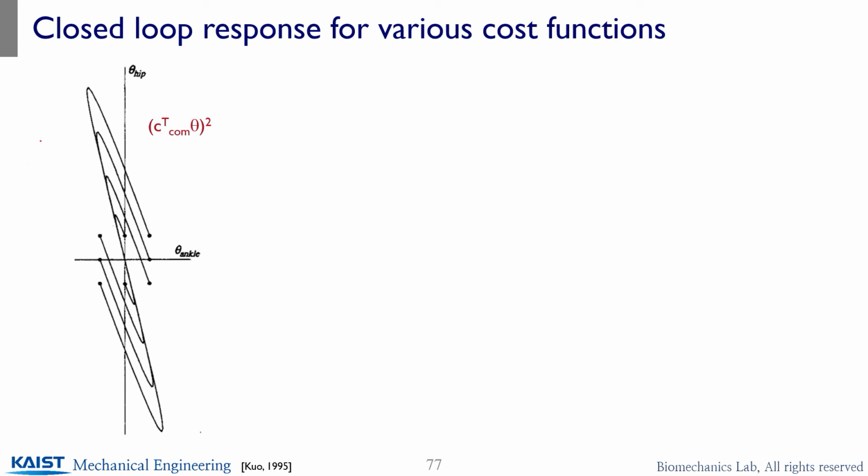Okay, so with ankle angle as the x-axis and hip angle as the y-axis, minimizing center of mass shows this kind of trajectory. Suppose you started with a forward-leaning posture.